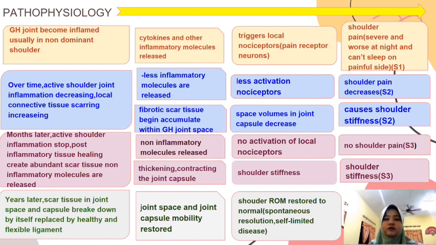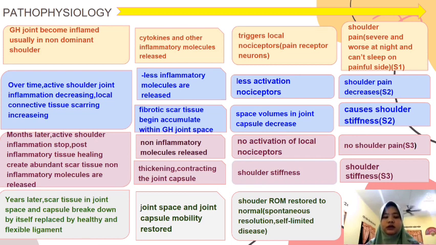It also causes more scar tissue to accumulate in the glenohumeral joint space, as well as thickening and contracting of the shoulder joint capsule, causing severe decrease in joint space and joint capsule mobility. This causes shoulder stiffness, which is a decrease in active and passive range of motion in the shoulder. Any movement is mostly scapulothoracic. All of this happens in the third stage.